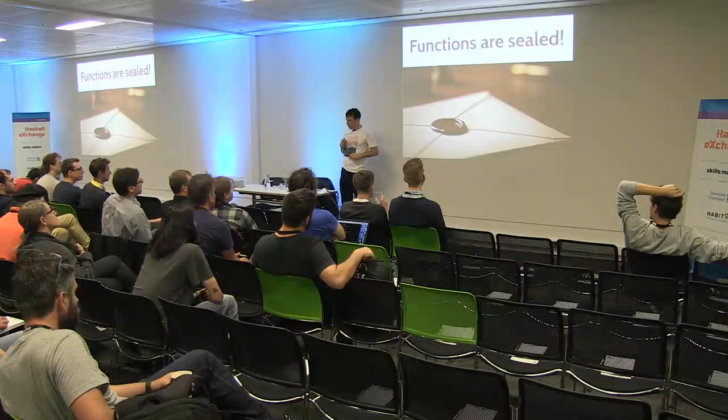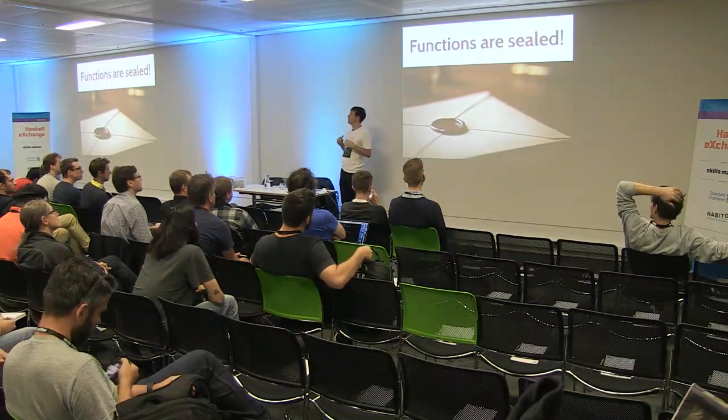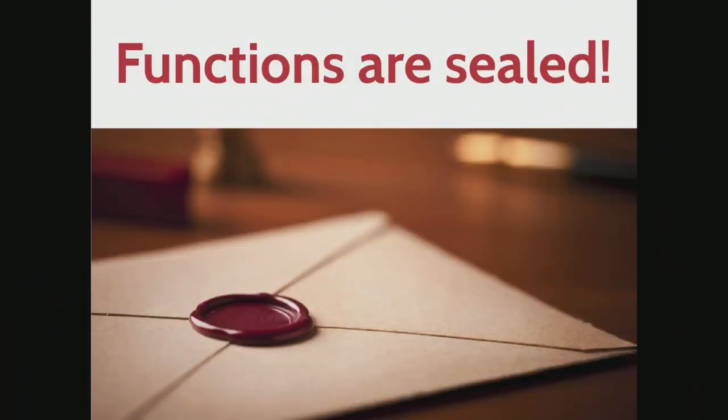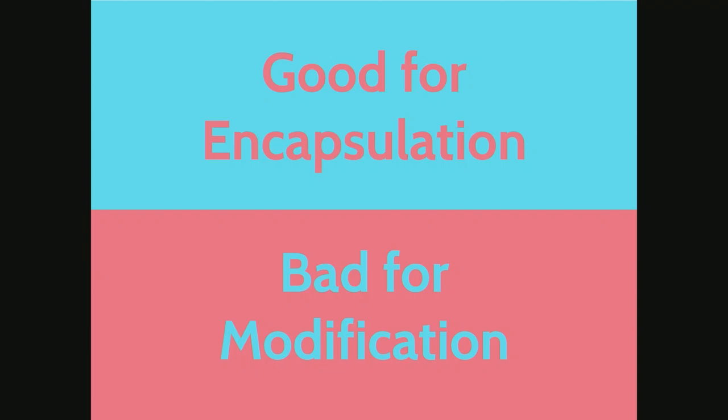But this has one slight disadvantage that I want to put the focus on today. Those functions are sealed. And this is actually both good and not so good. It is very good for encapsulation. That means that you cannot peek into the function if you're a client of the function. You cannot change it.